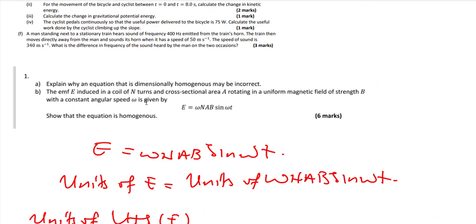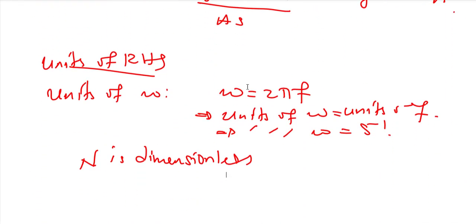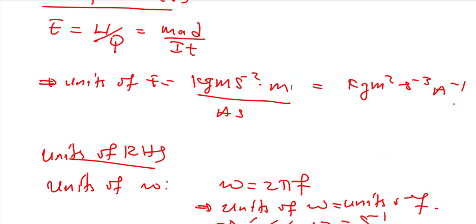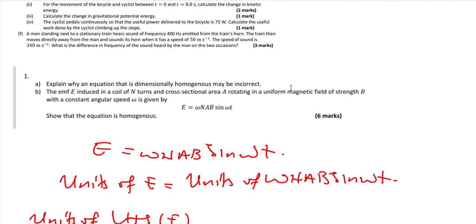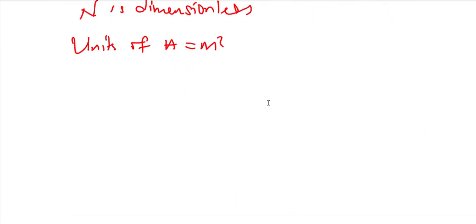Next, units of A. What does A represent? The cross-sectional area A. So the unit of A is a meter squared. And lastly, we have the unit of B, the magnetic field strength. So let's calculate the units of the magnetic field strength.